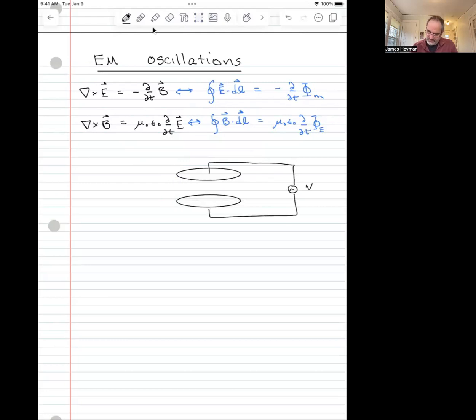Okay? And initially, at least, let's think that the voltage at the power source is V0 times sine of omega t. So, of course, this is going to produce an oscillating charge on the plates, and thus an oscillating electric field between the plates.